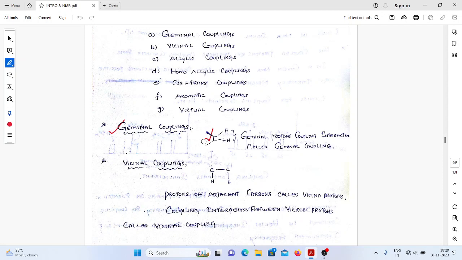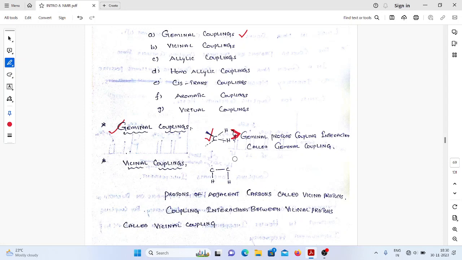If the coupling takes place between the geminal protons, then the coupling is commonly called geminal coupling. Very easy or not? Assume that these two hydrogens are non-equivalent in nature. If these two are equivalent in nature, coupling is possible, but there is no splitting in the signal.